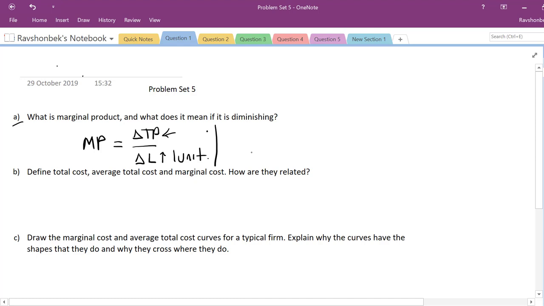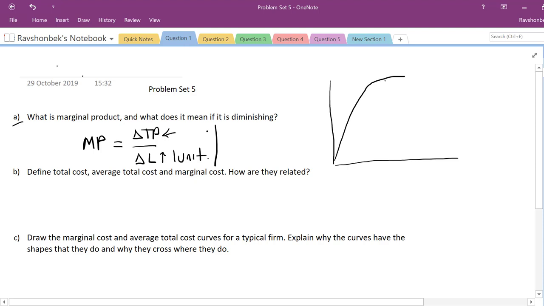In other words, as we add more labor into production, the output of the additional units will decline. That's why you have the total product curve look like this.